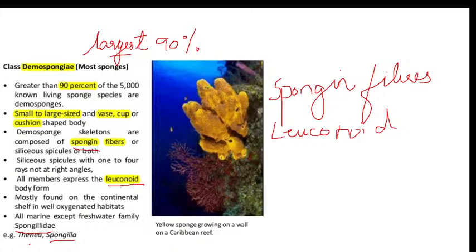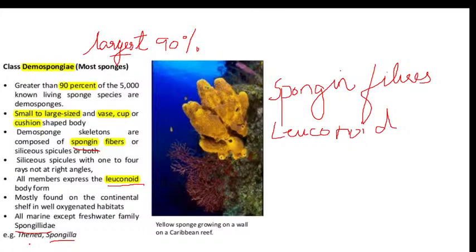Now what are the characters of Desmospongiae? It is the largest group. The spicule is made up of spongin fiber, that is proteinaceous spongin fibers, or in some, siliceous spicules are seen; in some, both spongin fibers and siliceous spicules are seen.